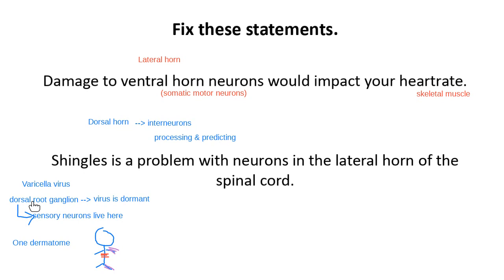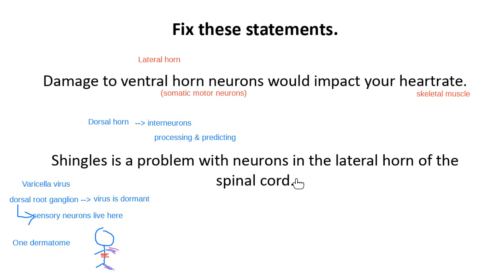So a dermatome is the area of skin that your sensory nerve, so the spinal nerve, collects sensory information from. So we only see it across one dermatome because we only have one spinal nerve that is collecting sensory information from those places.